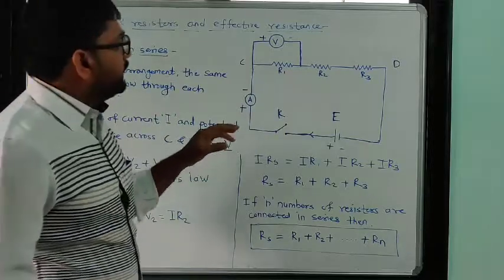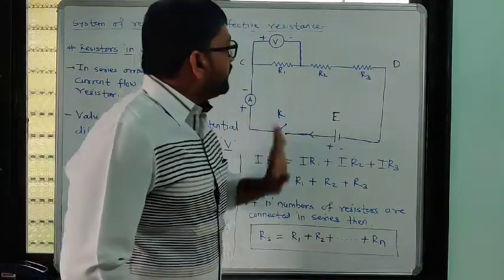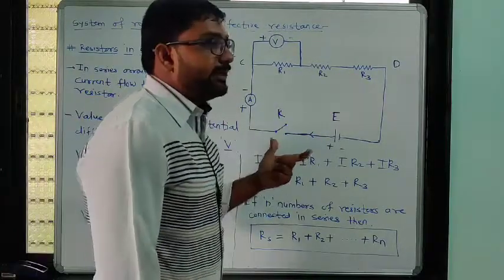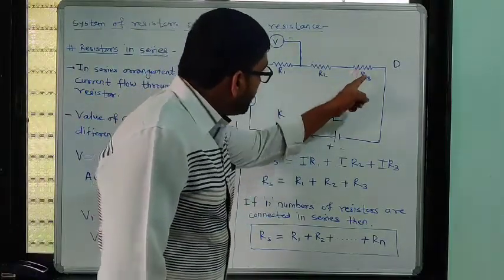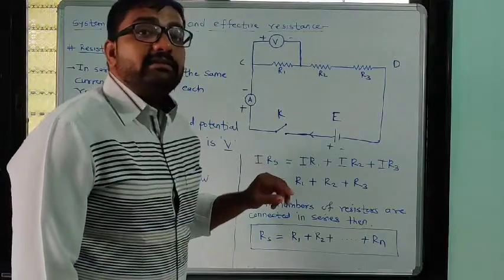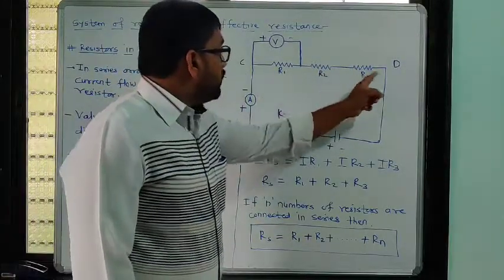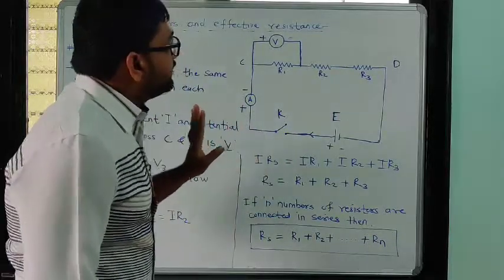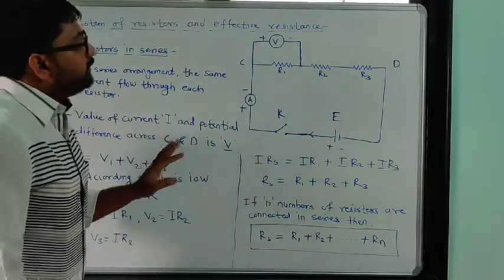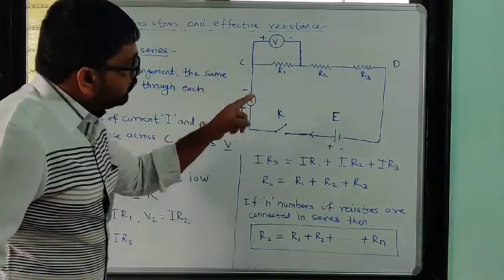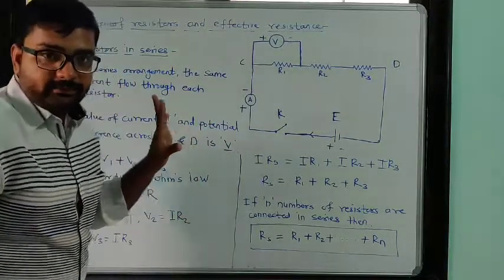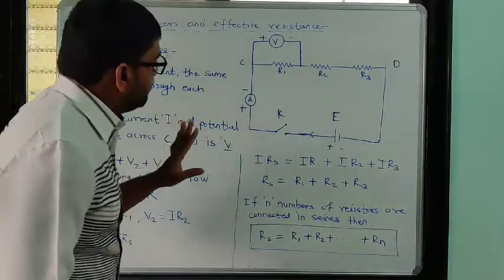So here, if you see these two terminals C and D of this circuit, in between these terminals C and D, the three resistors R1, R2 and R3 are connected on this straight line. They are connected in series, that you have to remember.